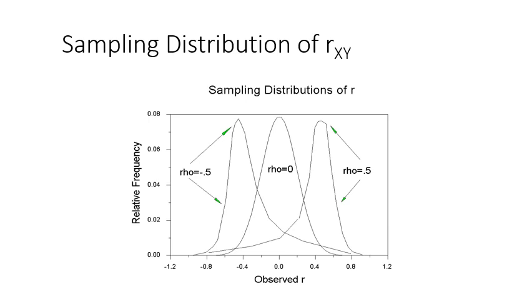Just note that if we're comparing to a value other than 0, we use the Fisher R to Z transformation, and that gives us a population variance. So in that case, we can use the Z distribution, the Z test, just because the variance is going to be known.